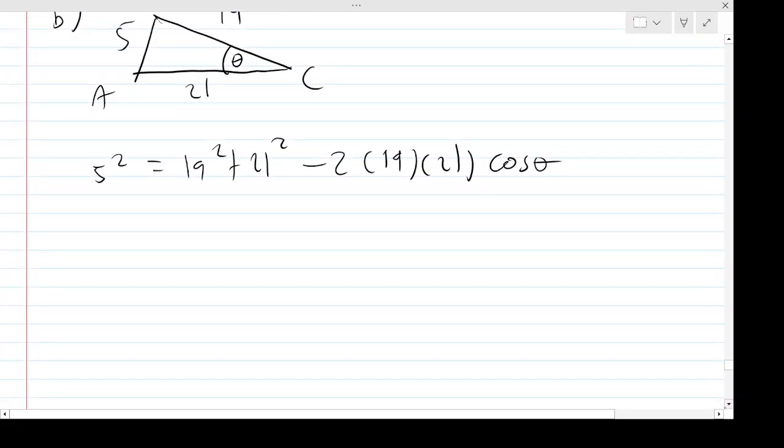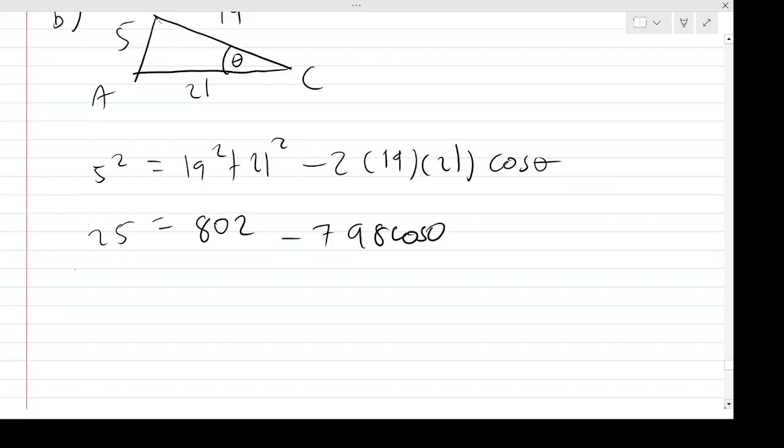So let's evaluate all the numbers on the calculator. Well, 5 squared is 25. And 19 squared plus 21 squared is 802. Minus 2 times 19 times 21, that's going to be minus 798 cos theta.